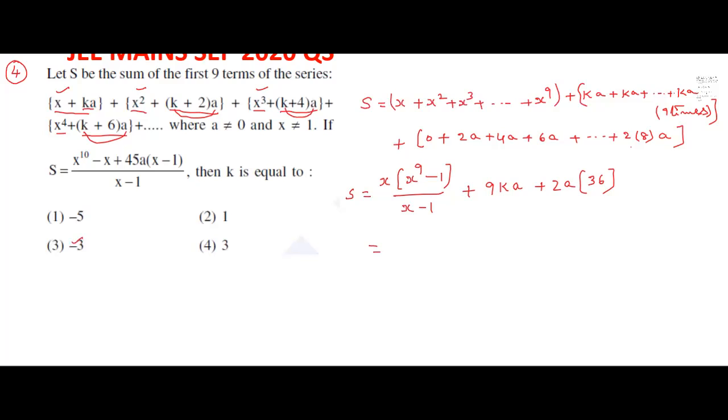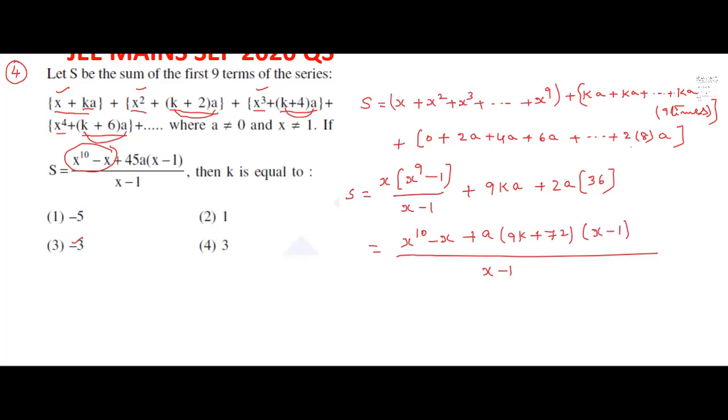Okay. Next, what can we do? Do one thing: multiply with x. x power 10 minus x. See here, in this question, x power 10 minus x is there or not? Divided by x minus 1, I am taking the LCM. Here 9Ka plus 2A into 36. Take A common: 9K plus 72, since 36 2s are 72, into x minus 1.